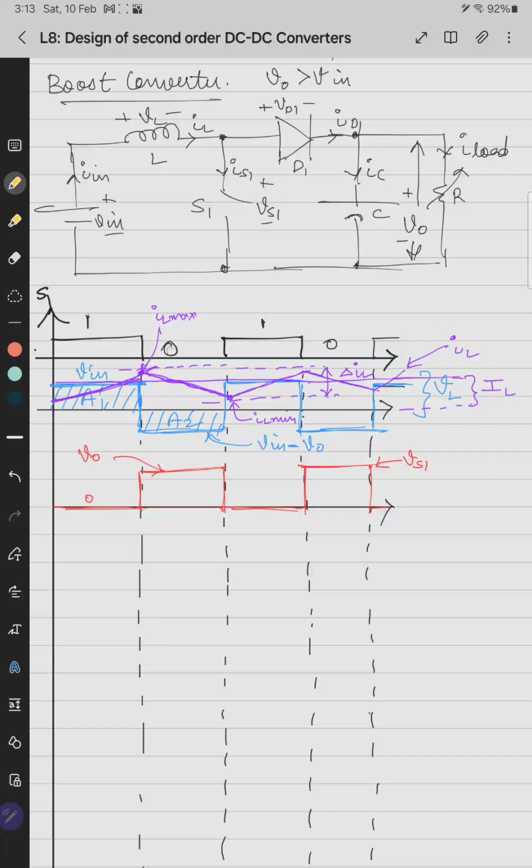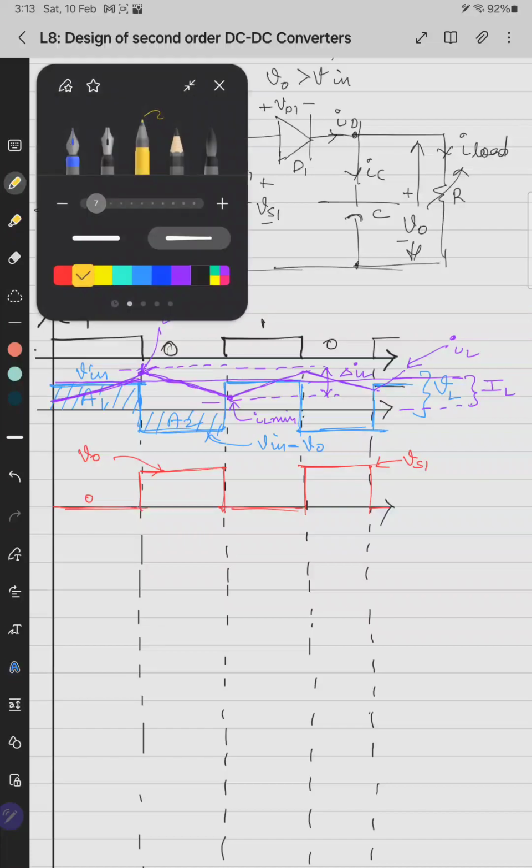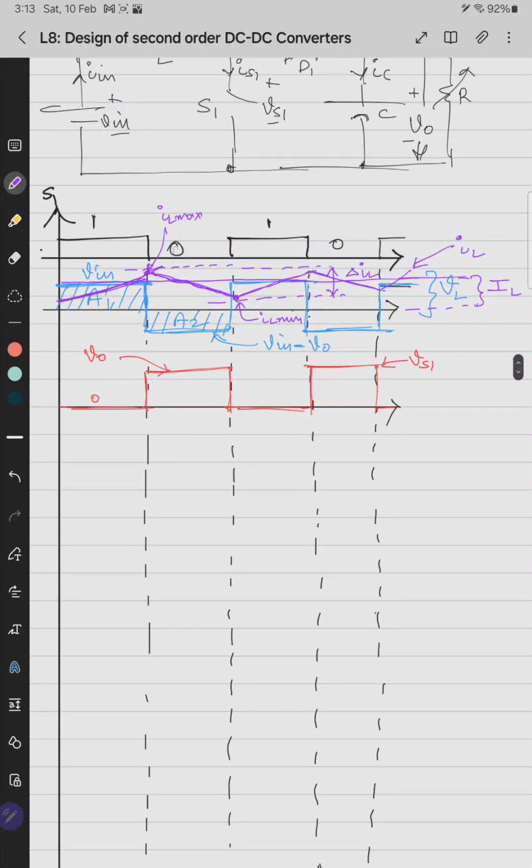So it means that this is the current through the switch. Now this waveform also has its own average value, which is denoted by this.